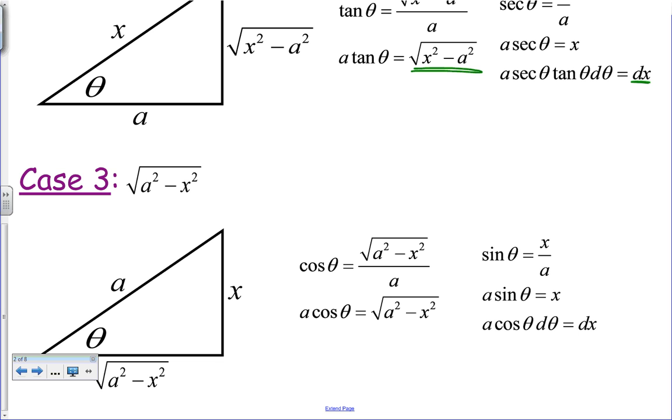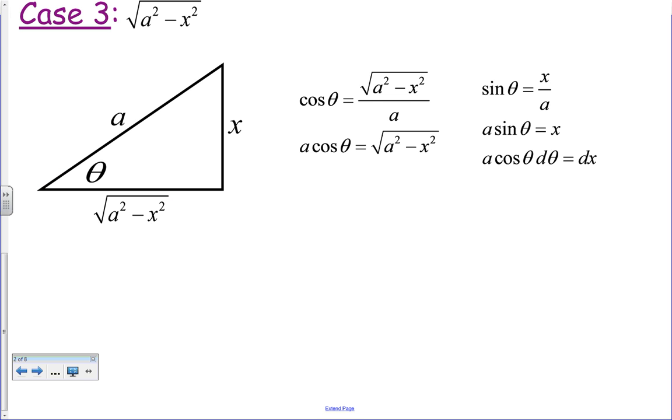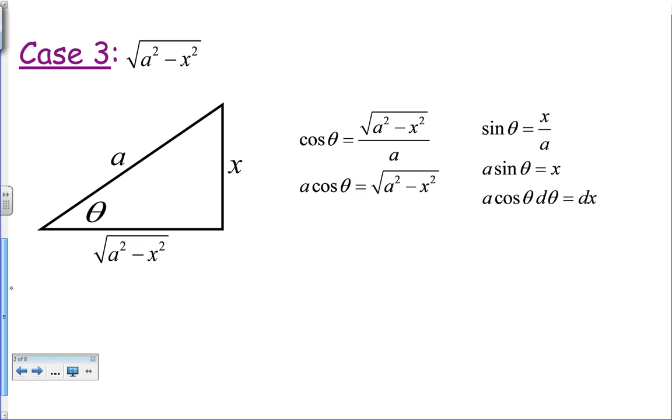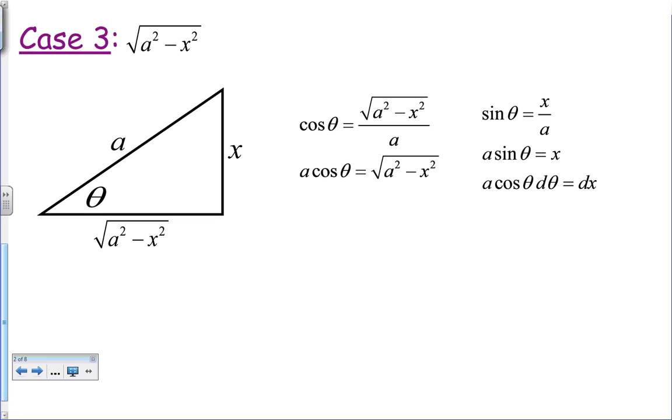And the last of the three cases looks like this. This was the case where it's the square root of a squared minus x squared, so it's the constant squared minus x squared. Again, the triangle looks very similar, but now we've got x on the vertical leg and a on the hypotenuse.